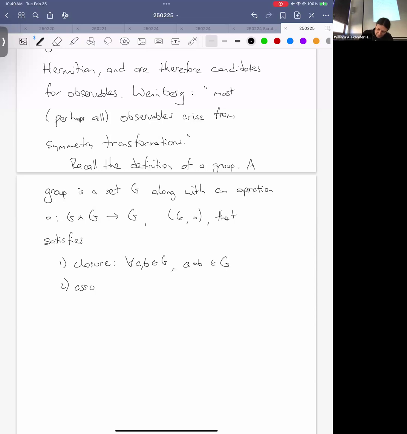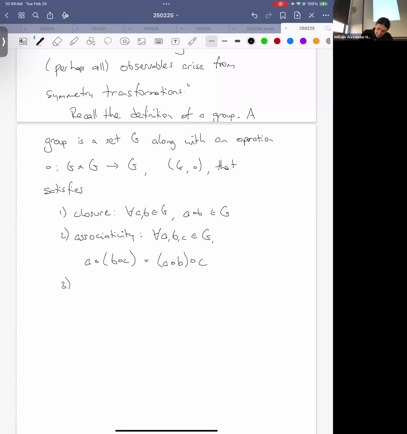Two, associativity. This is that for any three elements A, B, and C of our set G, A acting on B acting on C is the same thing as A acting on B, which itself then acts on C. Three, there's an identity. That says there exists some element of the group such that for any element of the group, the identity acting on that element gives the element back again.